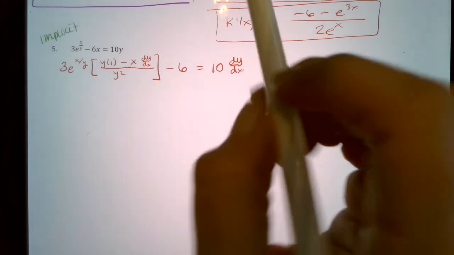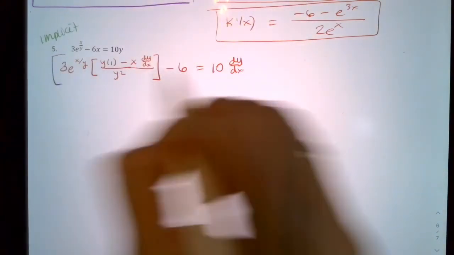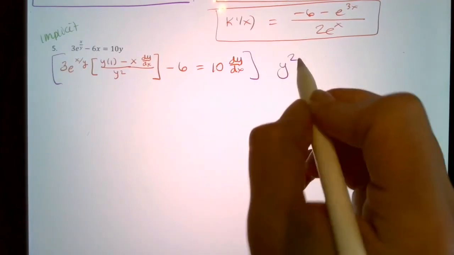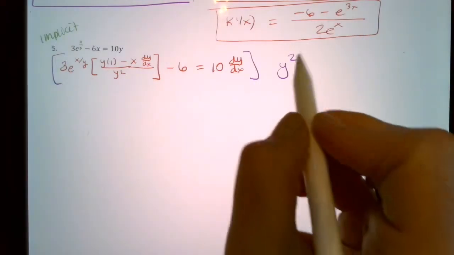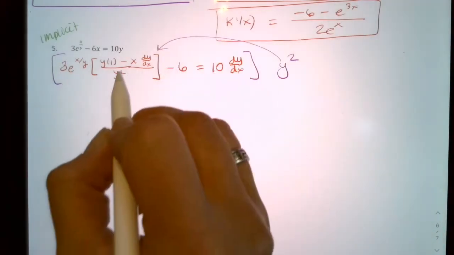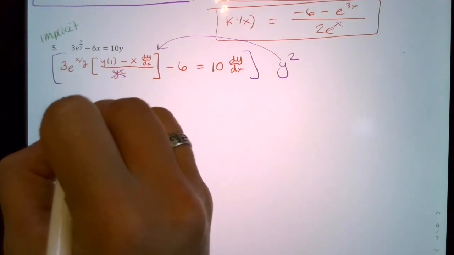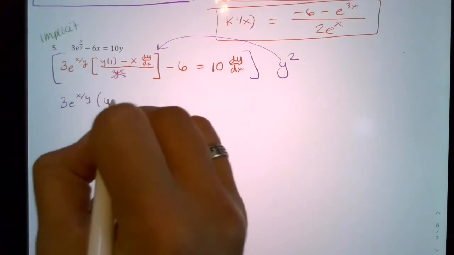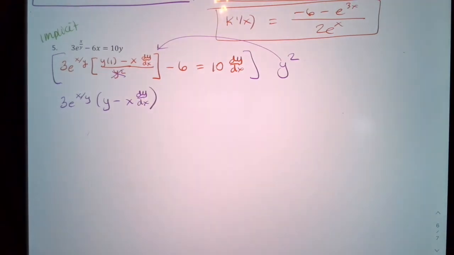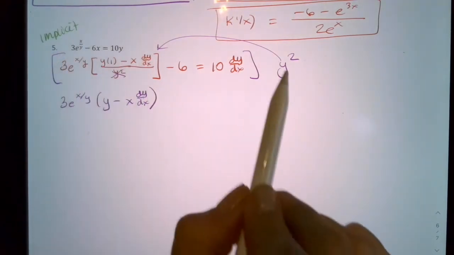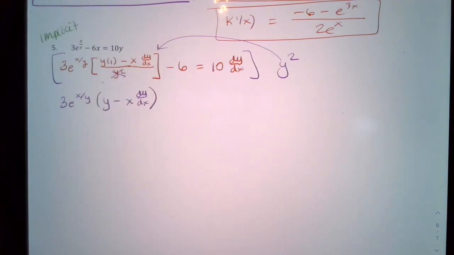So here's what I'm going to do. I'm going to multiply everybody in this expression by y squared. Everybody gets hit. So let's do it. What that's going to do in here, it's going to knock out the denominator. This was one giant term being multiplied. If I multiply by y squared, it kind of cancels out that y squared in the denominator.